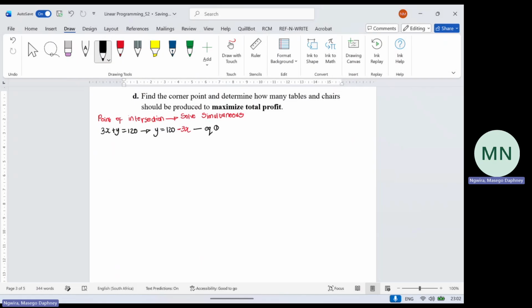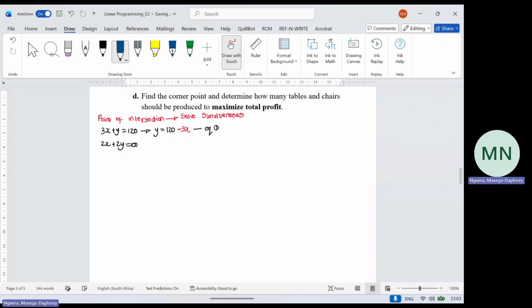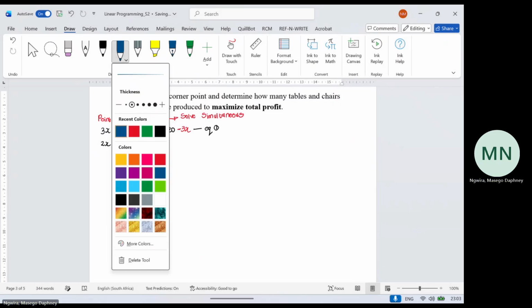And then I write my second equation, which is 2x plus 2y equals 100. These two equations are the same. Please don't confuse this and this, it is the same thing. I just transformed this to this. I'm not doing anything different.